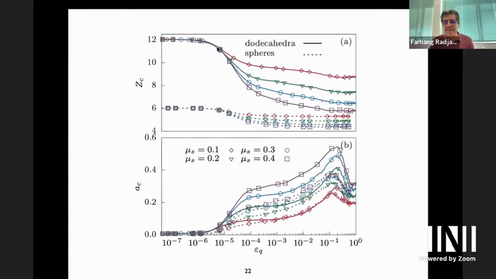When the plastic deformations begin, ZC decreases a lot, from 12 down to 6, for example, for the largest friction coefficient in the case of polyhedra, and for spheres from 6, the initial isostatic value, down to slightly below, around 4.5 to 5. ZC has lower and lower values as the coefficient of friction is increasing.